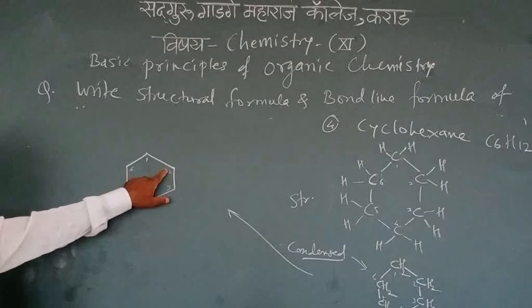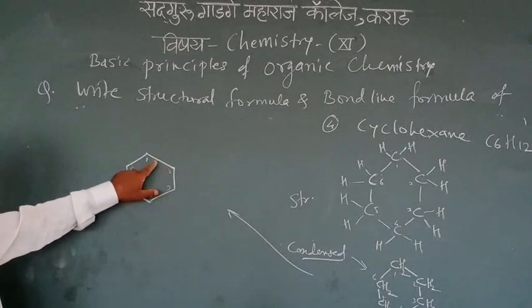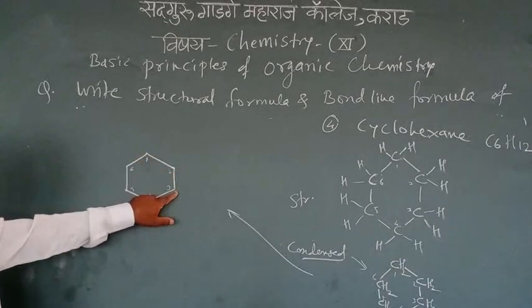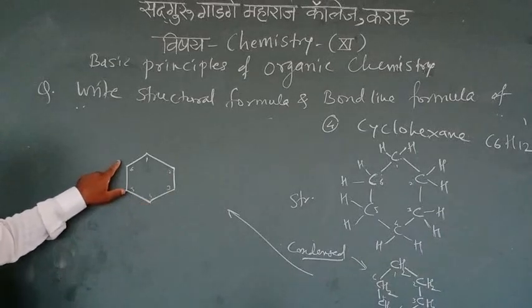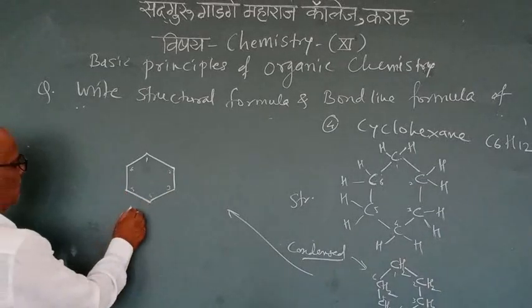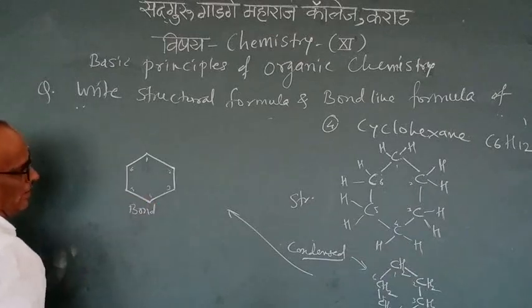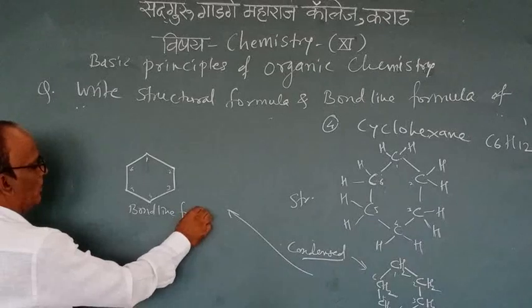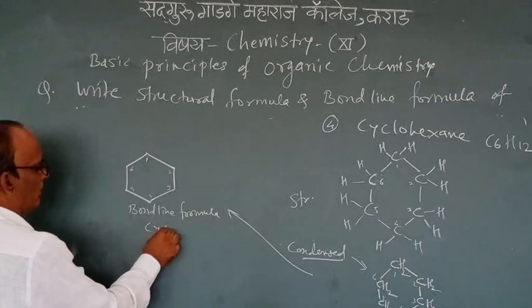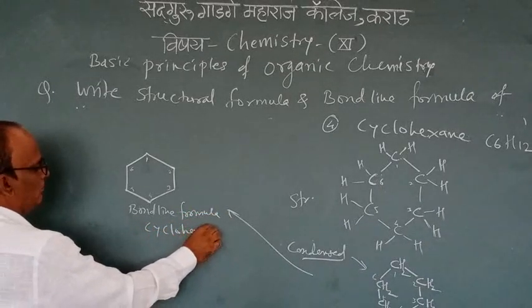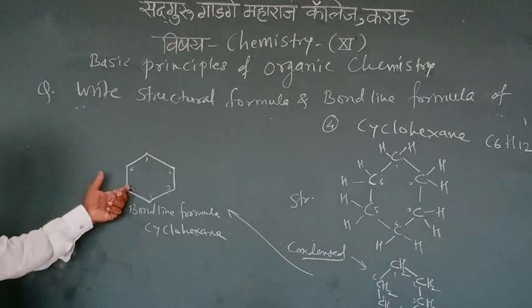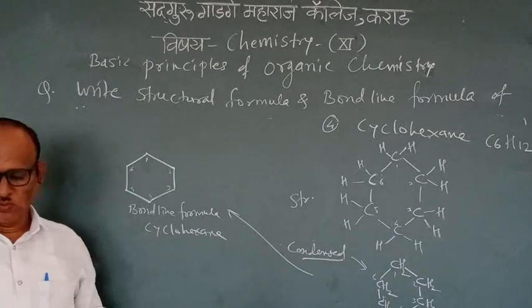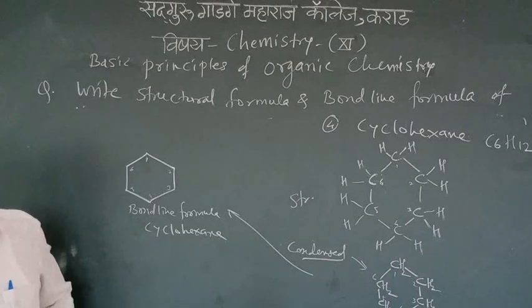At each corner, 2 hydrogen atoms are present, meaning CH2, CH2, CH2, CH2, CH2 and CH2. So this is the bond line formula for cyclohexane. Ring structure compounds are also shown by bond line formula.